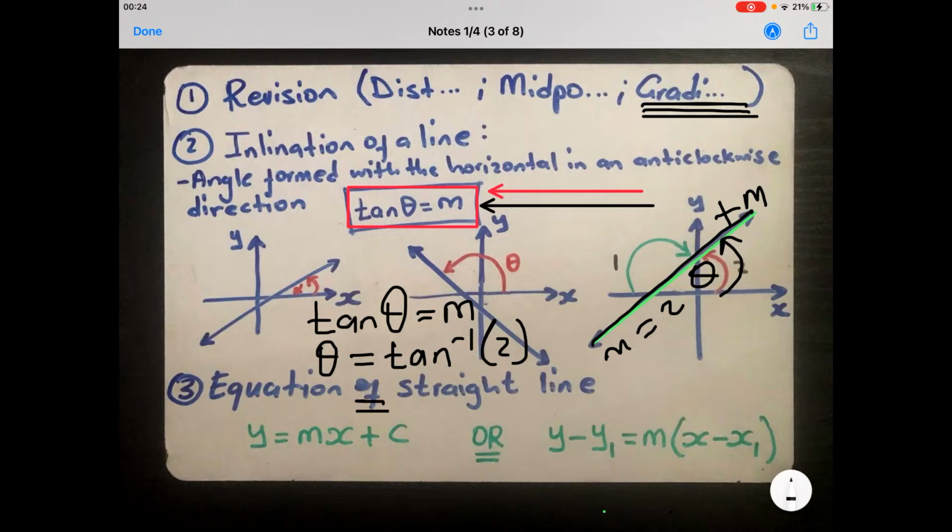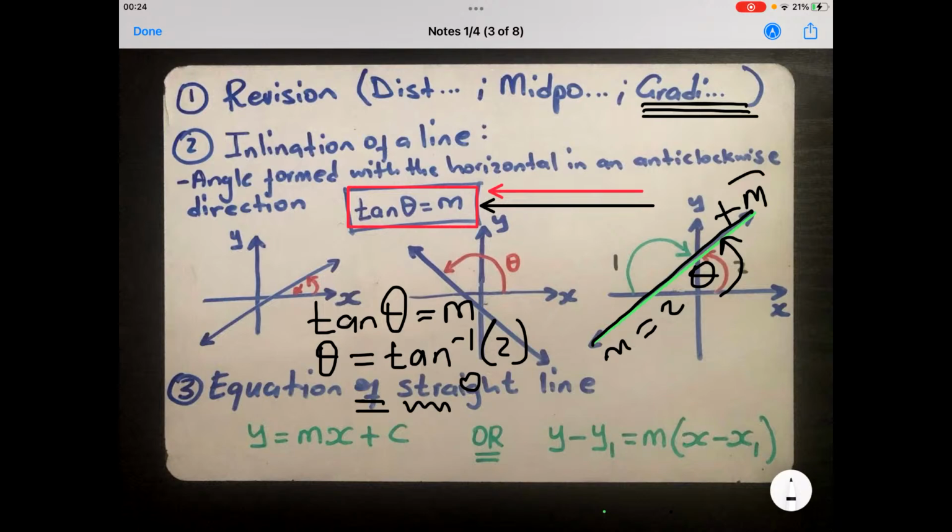Acute angle meaning it's an angle falling in the first quadrant, between 0 and 90. Yes, we call those acute angles. I hope that makes sense. So that's when you are dealing with a positive gradient.